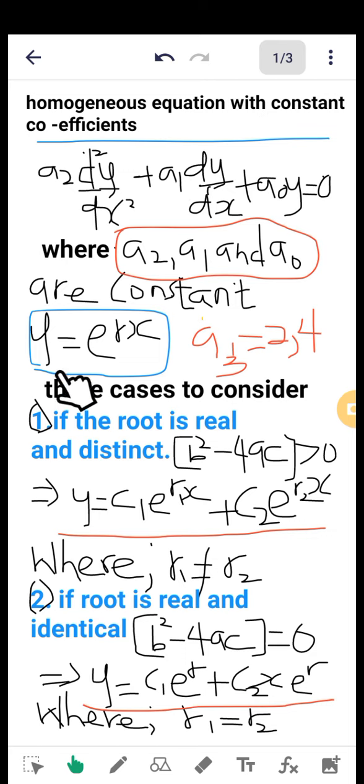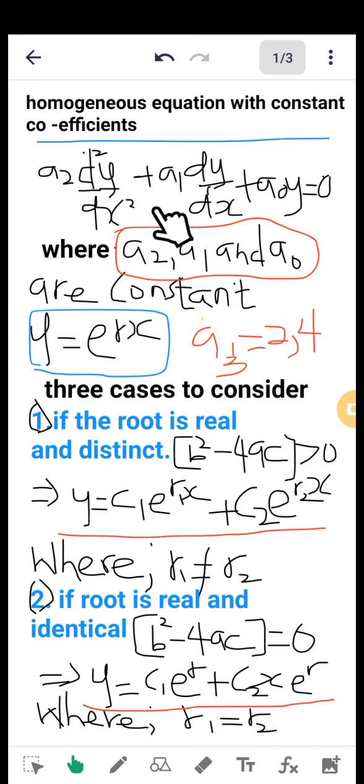So these are three main cases we consider in homogeneous equations with constant coefficients. The first case is that the roots are real and distinct. A question will be given, then you solve it.